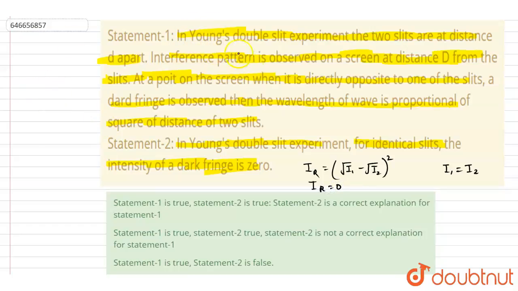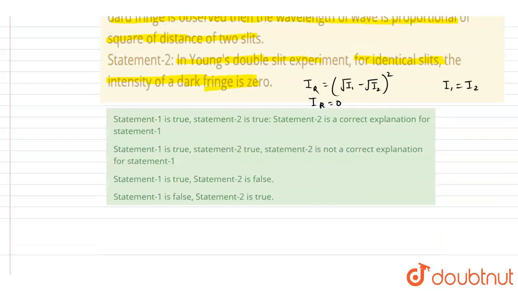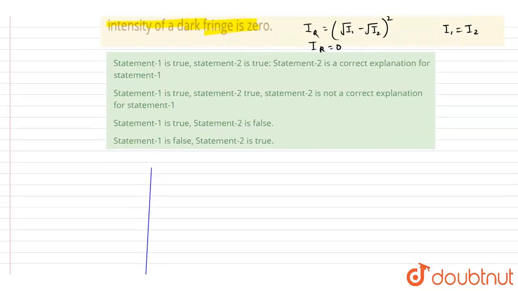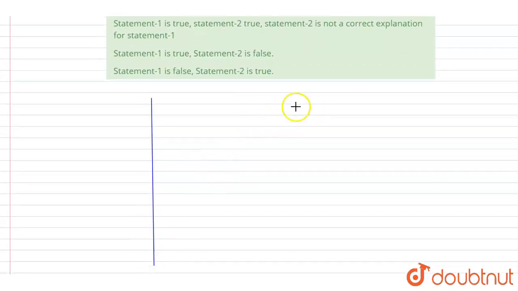So if you see here, it is said that the interference pattern is observed on a screen at a distance D from the slits, at a point on the screen which is directly opposite to one of the slits. Let's say this is the slit and this is the screen. So here there are two slits.